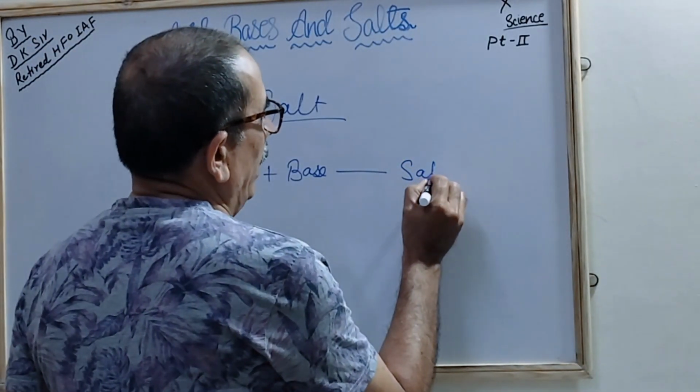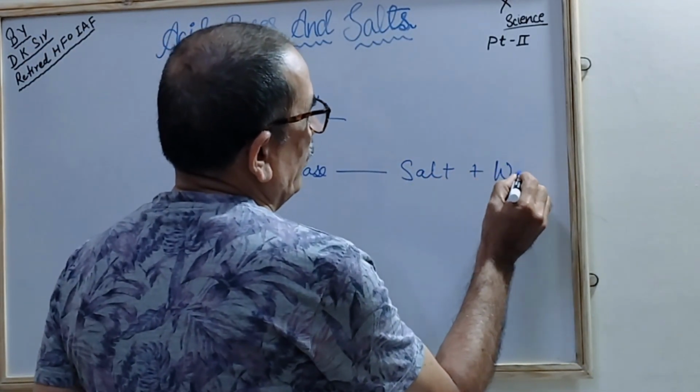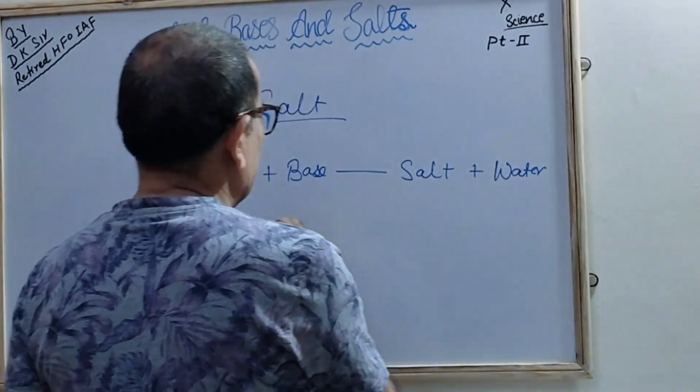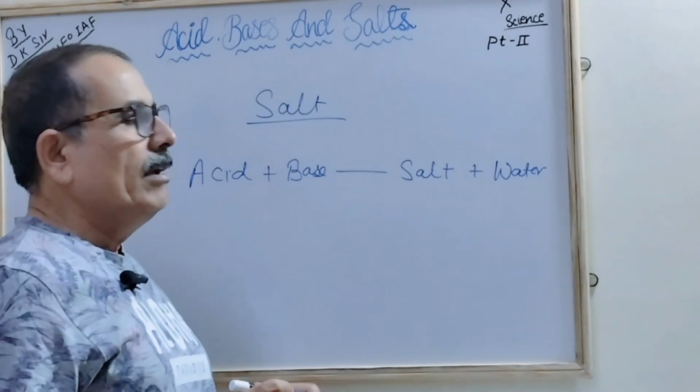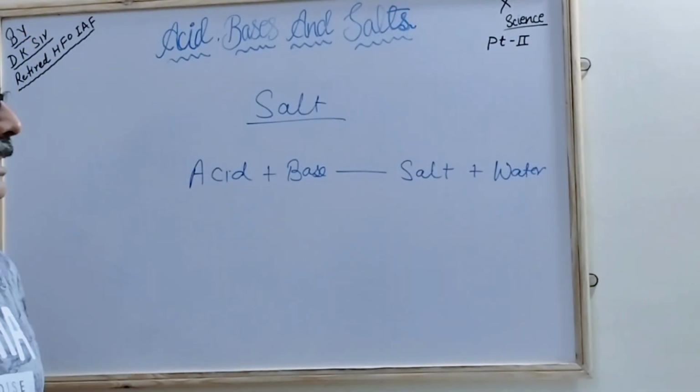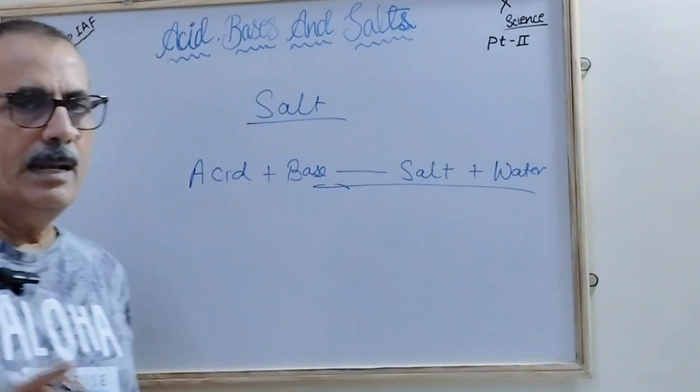It will form the salt plus H2O. Water will be formed. The reaction in which acid and base react with each other and form salt and water, we call it the neutralization reaction.